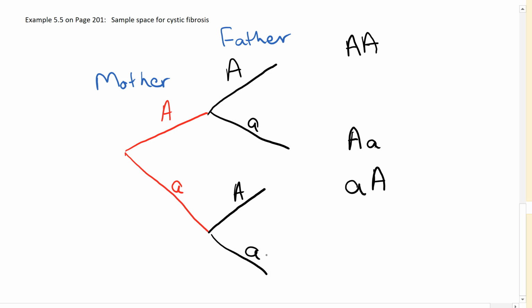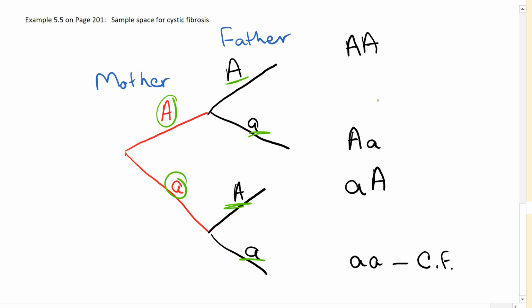Now, if you'll notice, this possibility is recessive, meaning that this child has cystic fibrosis. The only time you can have cystic fibrosis is if there are two recessive genes. So whenever you're looking for these, you follow first the mother's possibilities, which is either a dominant or a recessive, and then the father still has the same possibility no matter what, a dominant or recessive.